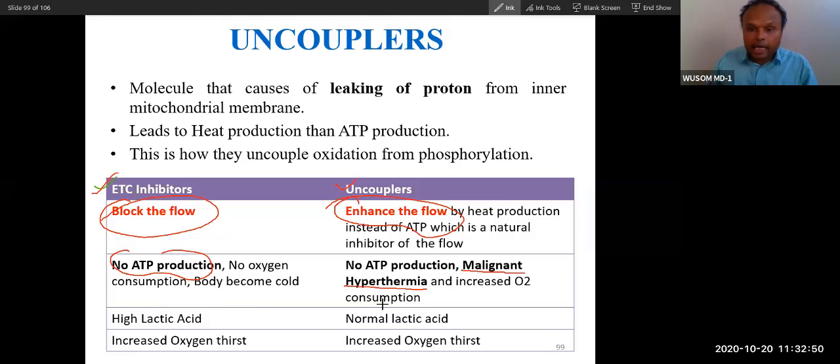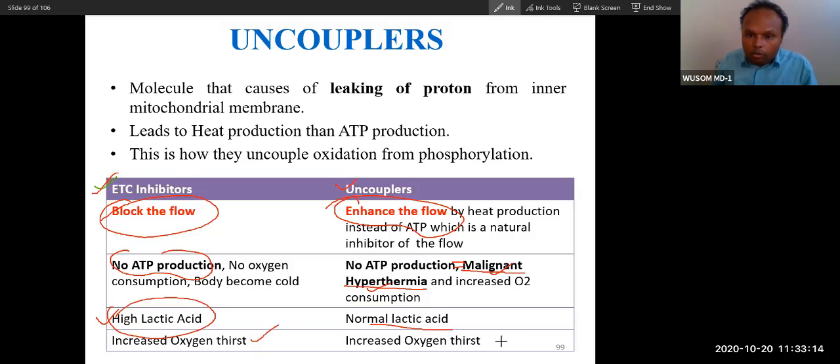That is why the patient will have malignant hyperthermia and perspiration, sweating. So malignant hyperthermia you will notice in such a condition. Though there is no ATP, in place of ATP there will be heat production. That is what happens. Now lactic acid, because of the blockade, will be high here, while here you will see normal lactic acid.